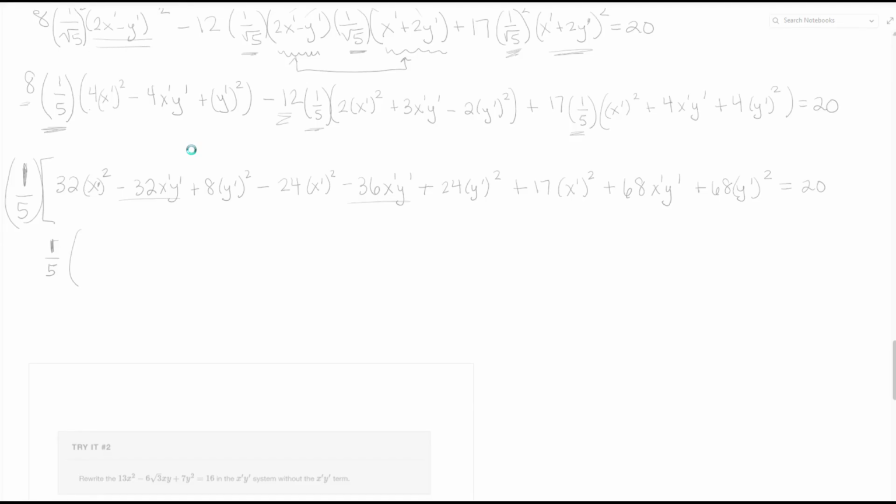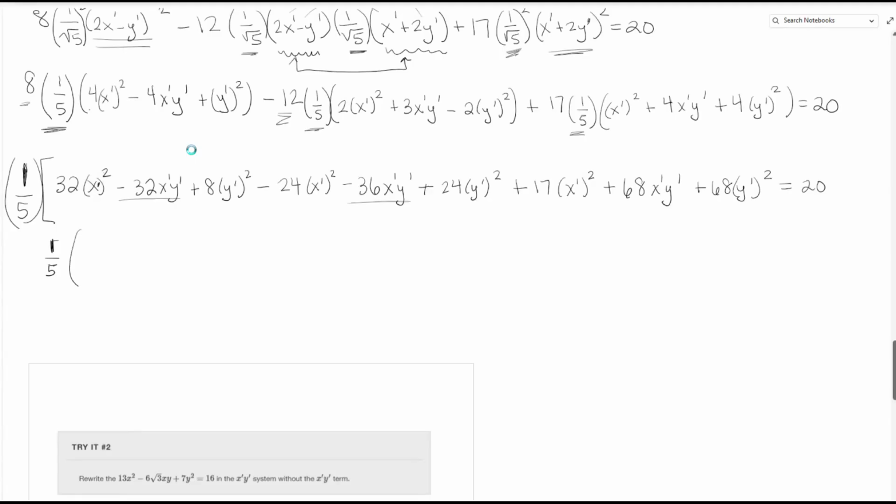Next, I have 32 x squared. 24 brings me to the right 25. 8 y squareds, 32 y squareds, and 68 y squareds.